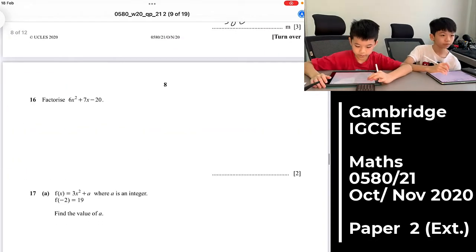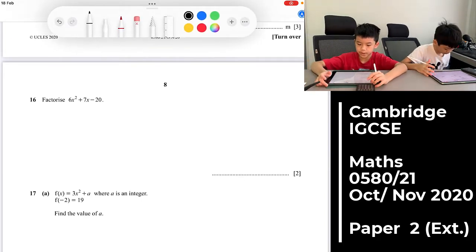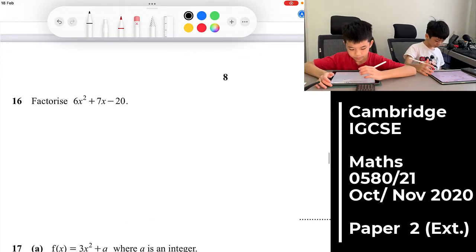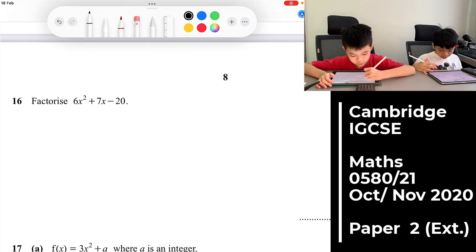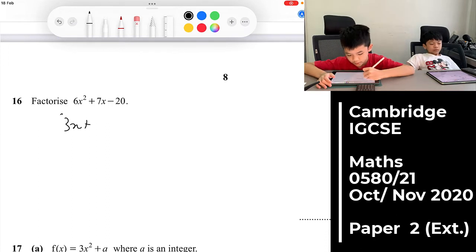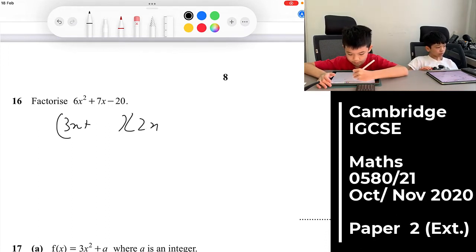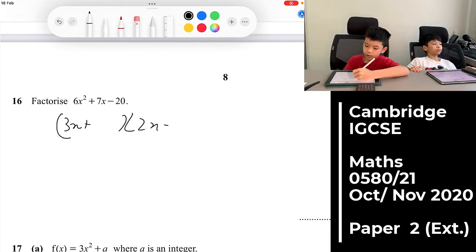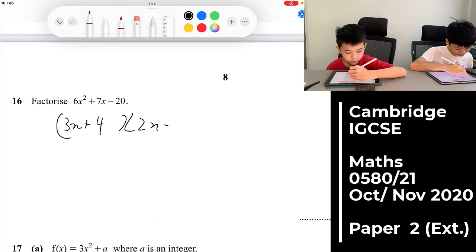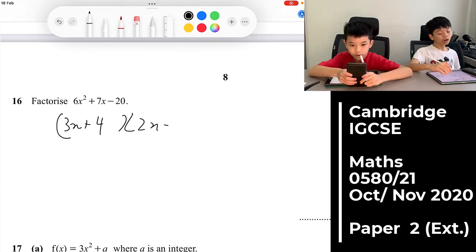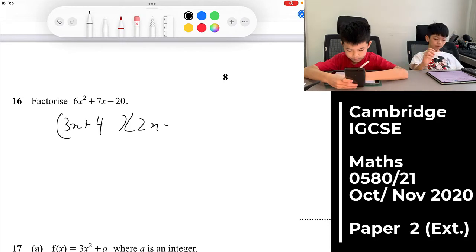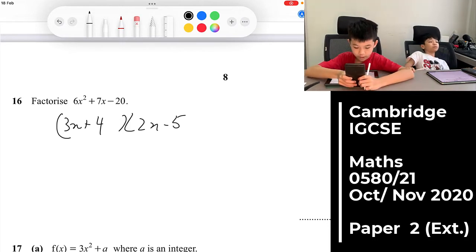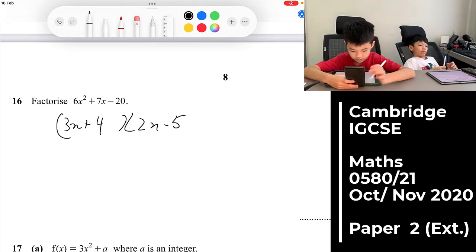Question 16. Factorize 6x squared plus 7x minus 20. Okay, so first we'll try 3x plus 2x minus. So 4 times 2 is 8, 4, 2, minus 5, 3, negative 7.